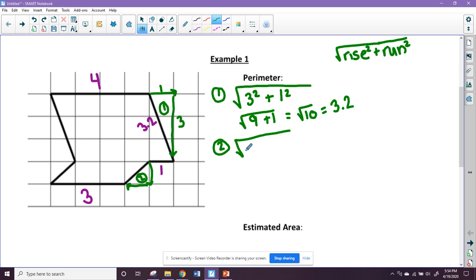We're going down 1 and add it to how far we're going over squared. 1 squared is 1, plus 1 gives us 2. We're going to find the square root of 2. Using our calculator, we're going to type in the square root of 2. And rounding it, it gives us 1.4.